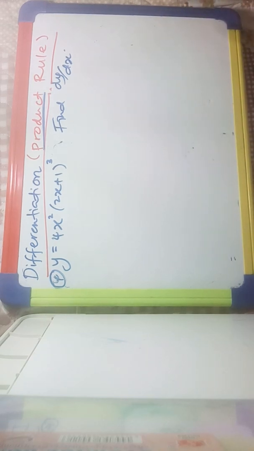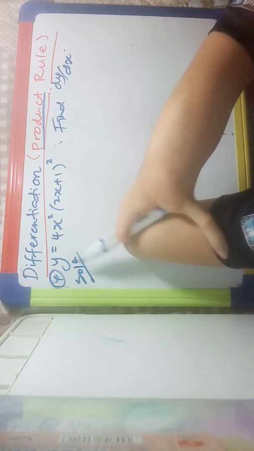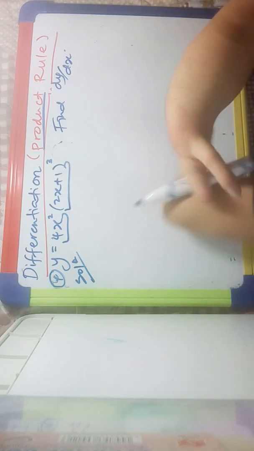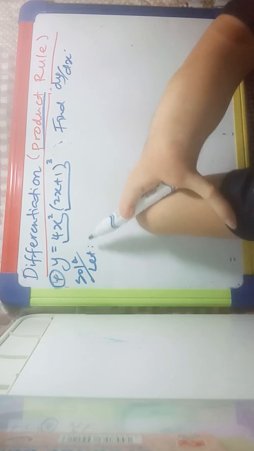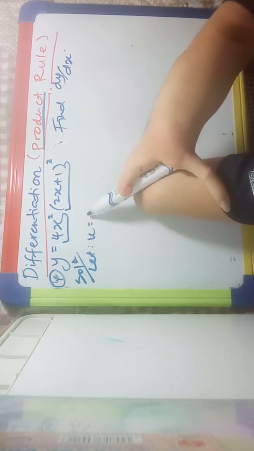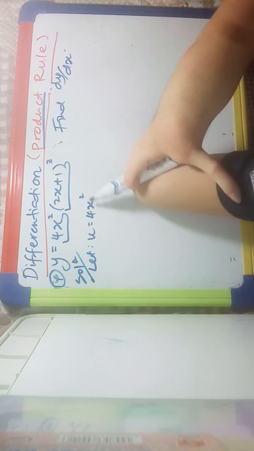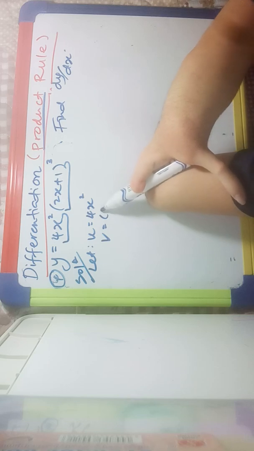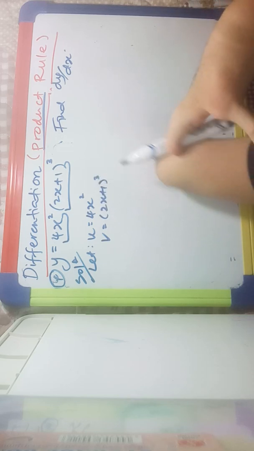Find what is dy over dx. Okay, the solution, as usual, identify two different functions. So we let u is equal to 4x square. So when u is equal to 4x square, what is our v? v is equal to 2x plus 1 the power of 3.